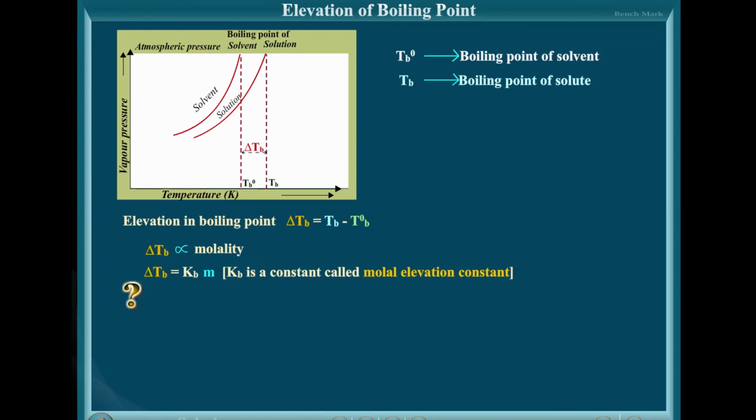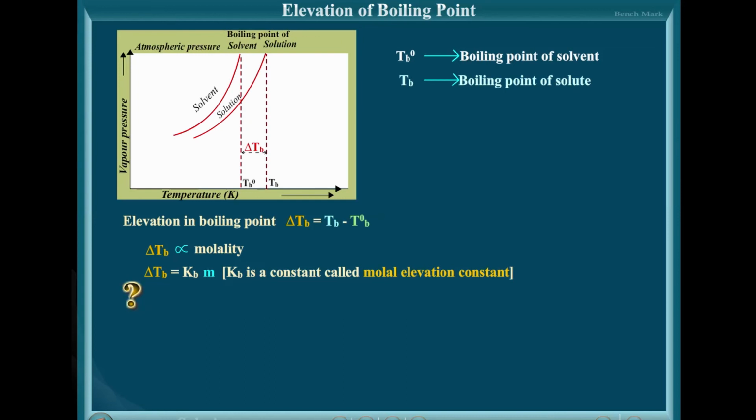Boiling point, remember, is not a colligative property, but elevation in boiling point is a colligative property. In the equation delta TB is equal to Kb into M, when the molality of the solution is 1, then delta TB is equal to Kb.